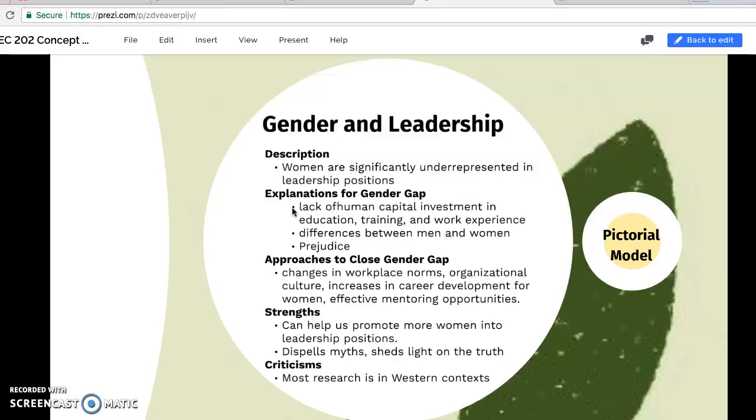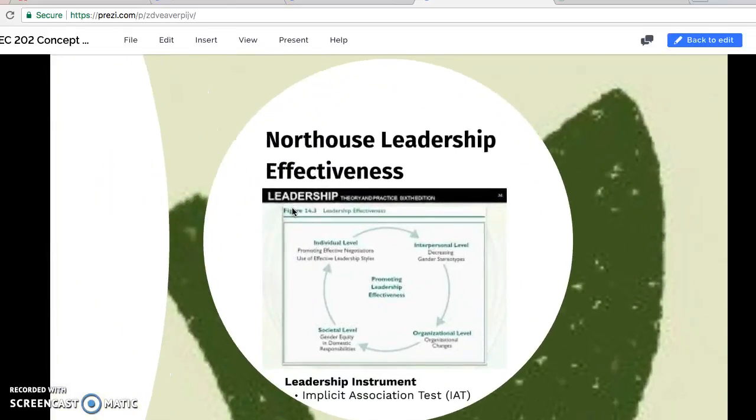Approaches to close the gender gap include changing workplace norms and organizational culture, as well as increasing career development and effective mentoring opportunities. This is a model of gender and leadership effectiveness.